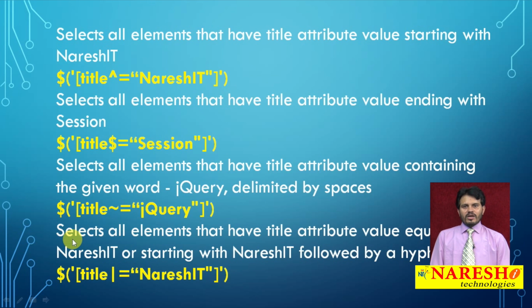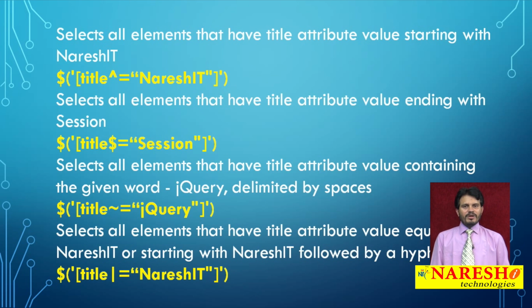One more requirement may occur in our real-time development. It selects all elements that have a title attribute value equal to Naresh IT, or starting with Naresh IT in the entire value and followed by one hyphen character.